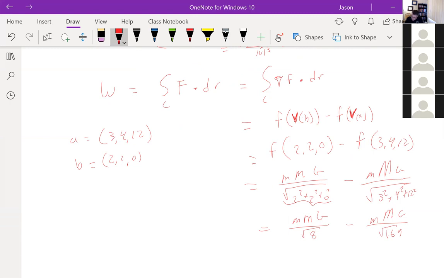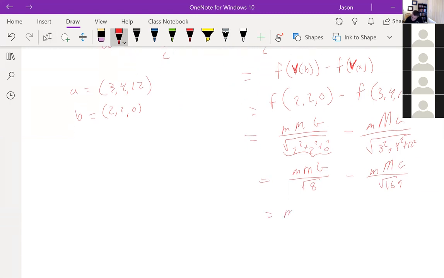Just factor out the mg, and this is going to be 1 over 2 radical 2 minus 1 over 13, and I can just leave it like that. So that's the work done over this line integral.